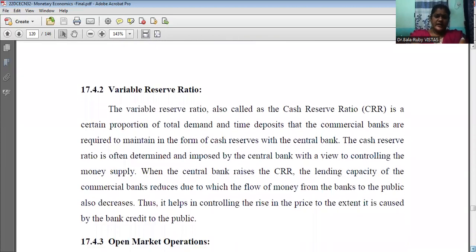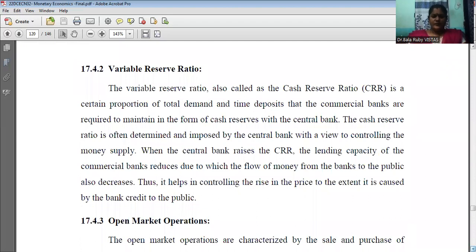Then the next one is the variable reserve ratio. The variable reserve ratio is also called the cash reserve ratio. It is a certain portion of the total demand and time deposits that the commercial banks are required to maintain in the form of cash reserves with the central bank. The cash reserve ratio is determined as well as imposed by the central bank with a view to controlling the money supply.